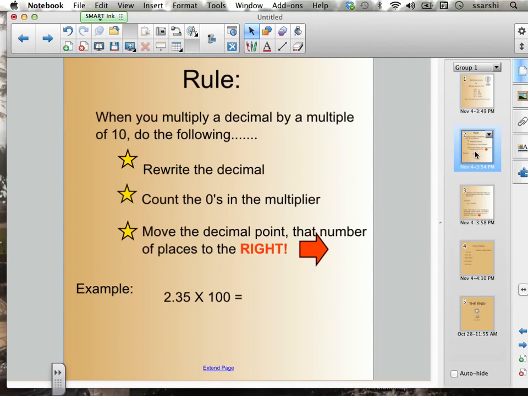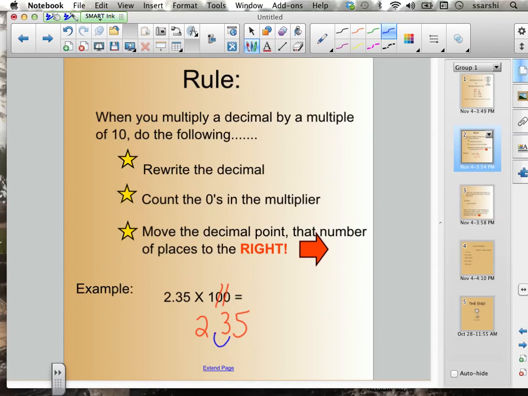So the first thing I do is rewrite the decimal, which would be 2.35. I count the number of zeros in the multiplier: 1, 2. I move the decimal point that number of places to the right. So what I would do here is move it 1, 2 places to the right.